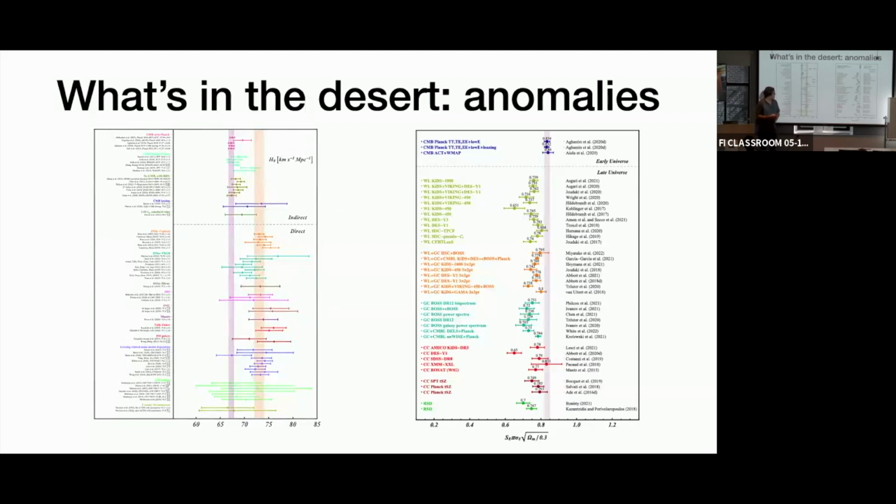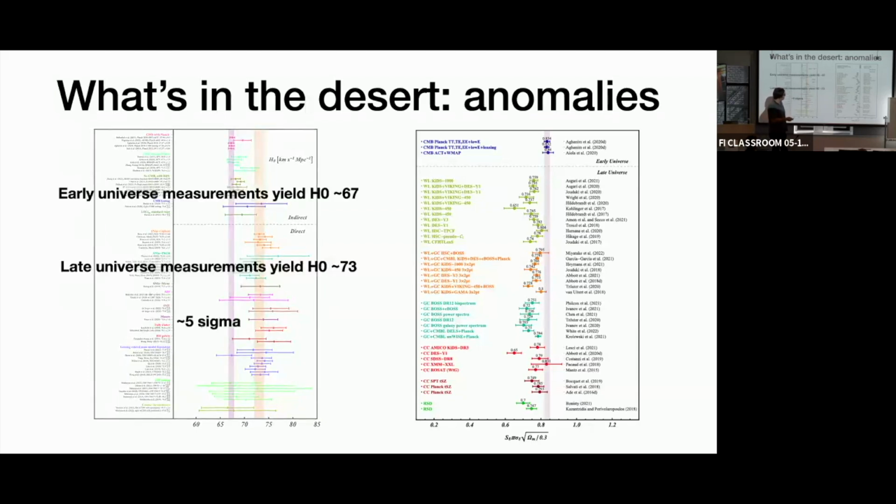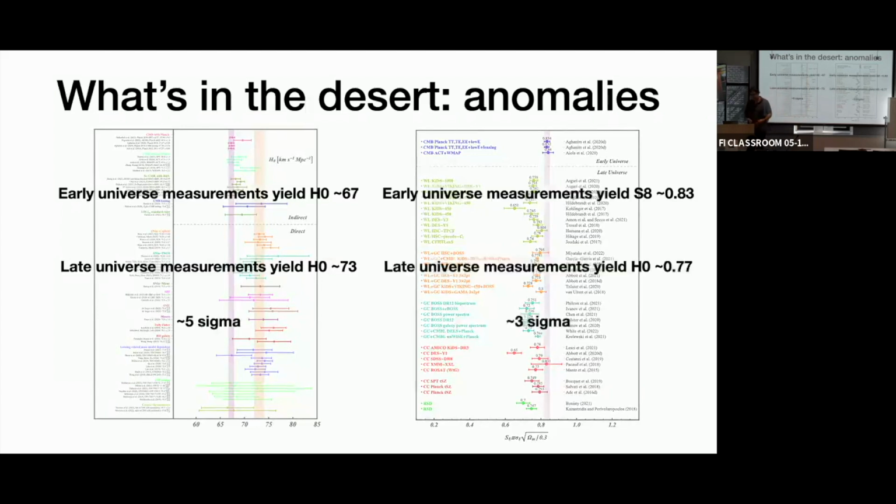And you have the S8 tension, which up until recently has also been a tension between the early universe inferred measurements of what the power at 8 megaparsec scales is, and the late universe measurements of 8 megaparsec scales. And as it will turn out, because these measurements rely on physics which is in the desert, desert physics is really important for possibly addressing these tensions.